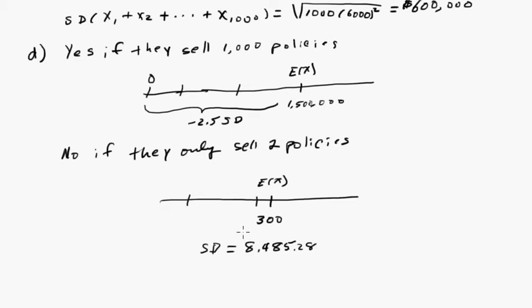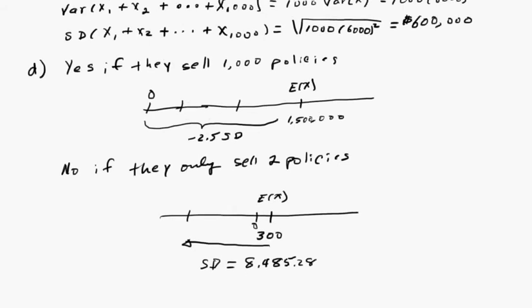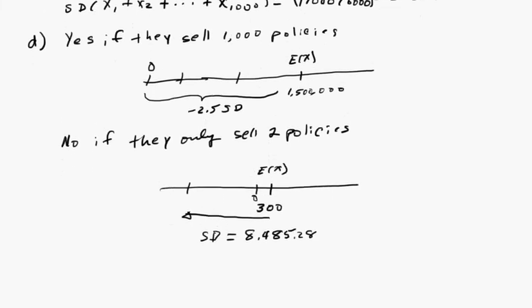If this is one standard deviation away, zero is real close. It's just barely a fraction of one standard deviation. So it's highly likely that you could hit zero. So anyway, that's one way of answering D.